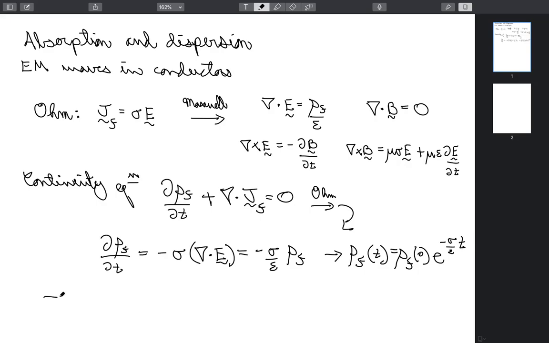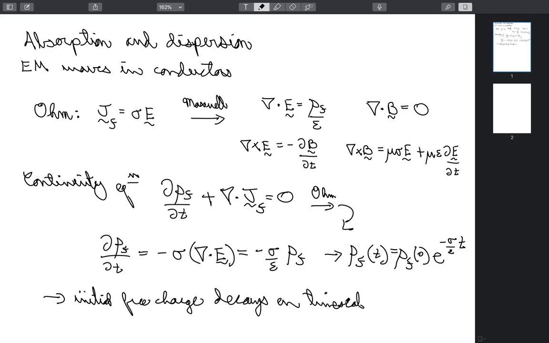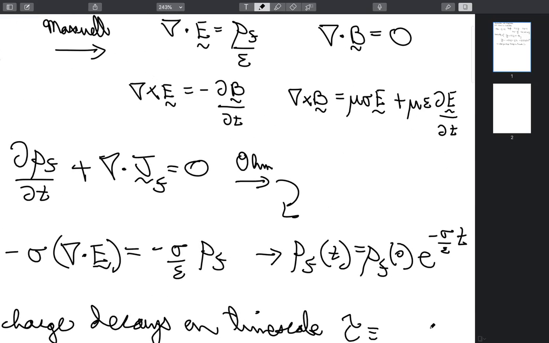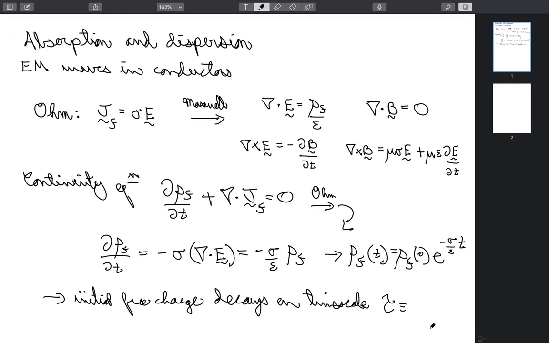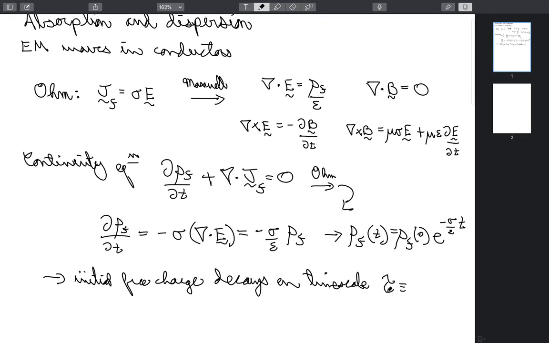Okay, so what that means is that in a conductor, any initial free charge decays on a time scale tau, which is by definition just the inverse of this factor here, epsilon over sigma.